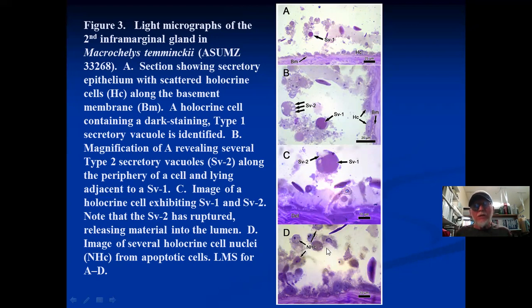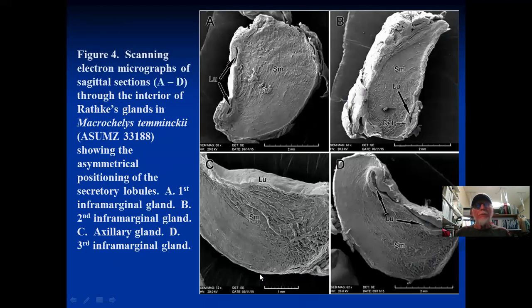The best way to study these particular holocrine cells and these glandular products is by electron microscopy, but I was not able to do that during this particular study. Still see the structures, still see the secretions, but not in the detail you can with electron microscopy. That is the transmission electron microscopy.